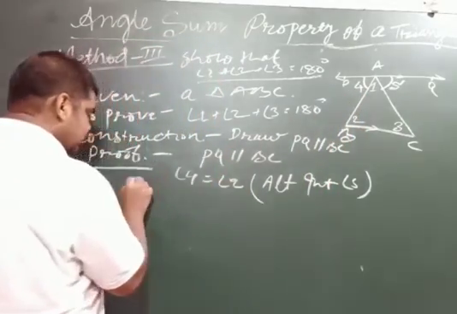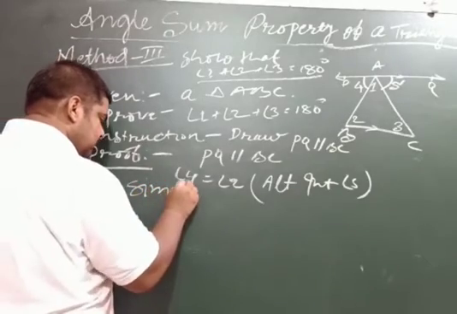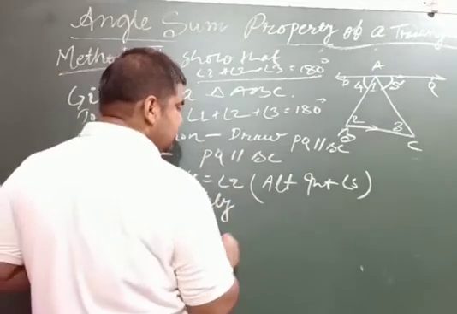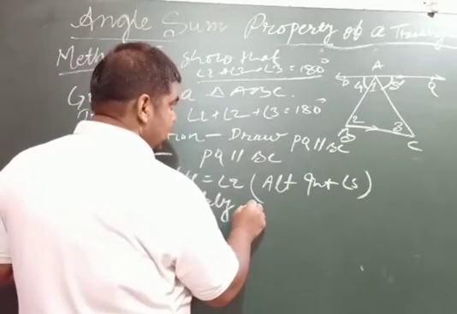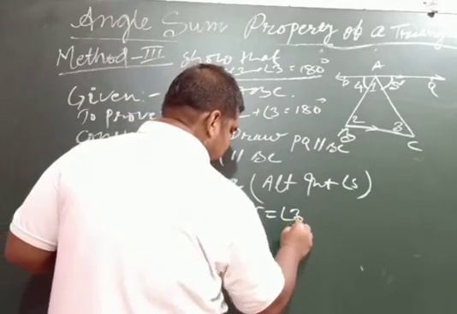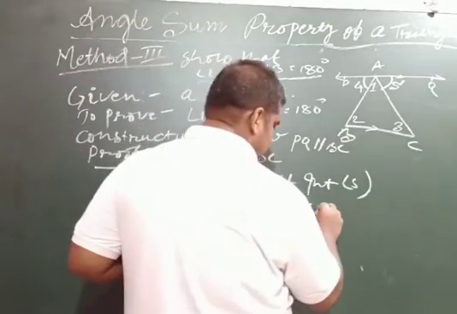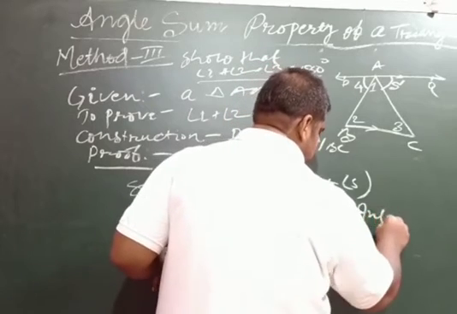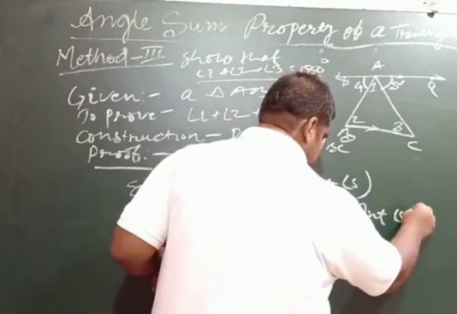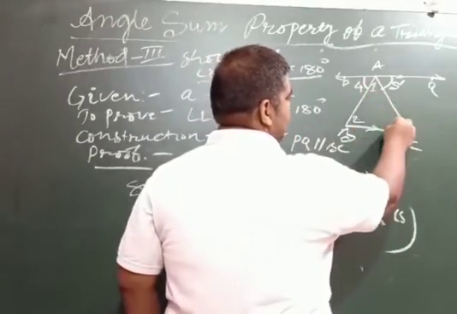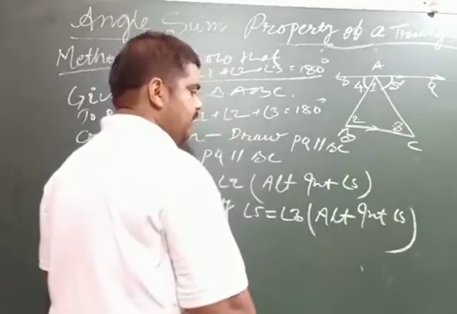Similarly, you apply the same reason: angle 5 is equal to angle 3, alternate interior angles. So you can notice that 2 is equal to 4 and 3 is equal to 5.